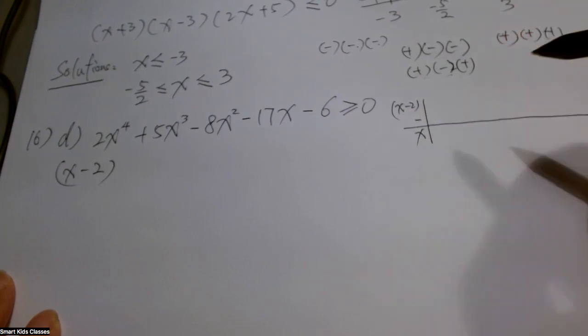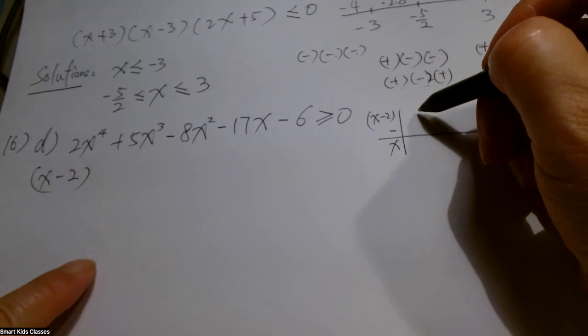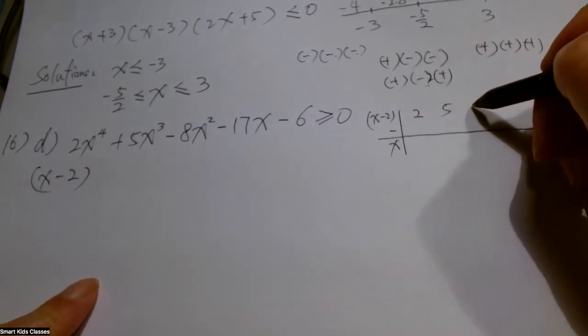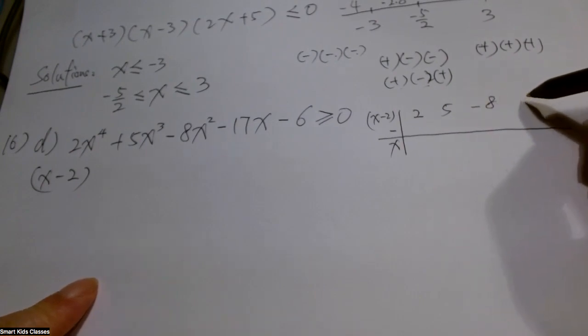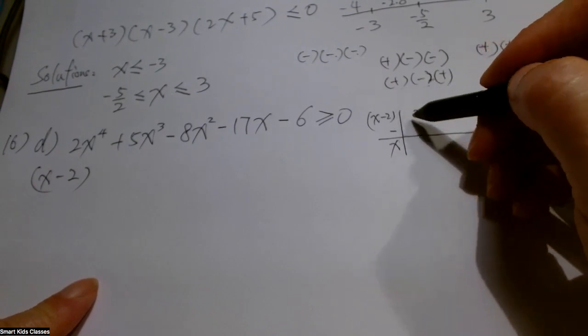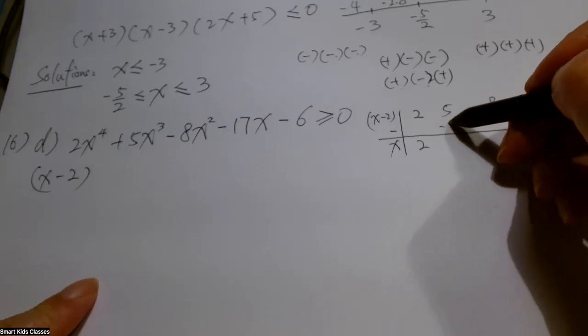So we subtract, a 2. Now we write all the coefficients. The first one is a 2, 5, negative 8, negative 17, and negative 6. From here, we bring the 2 down. 2 and 2, we got 4.